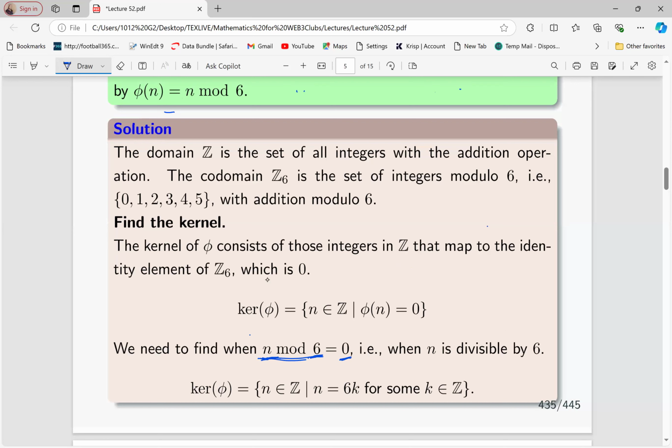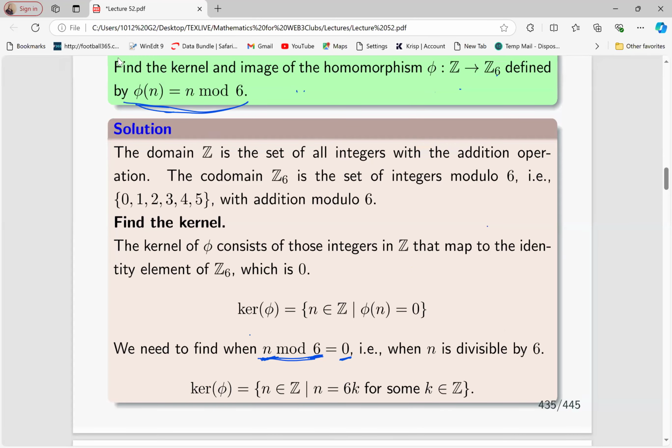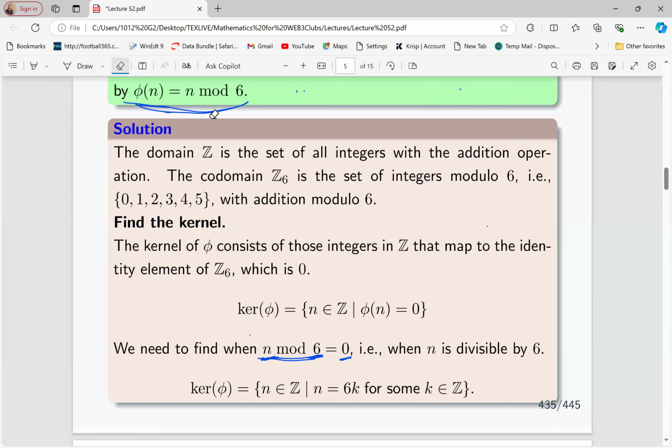That's what the definition is telling us. Numbers which on division by 6 would give you a remainder of 0. So numbers which are divisible by 6.